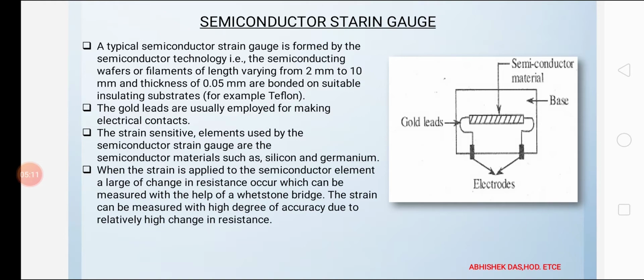Semiconducting materials such as silicon and germanium are used as resistive material for semiconductor strain gauges. The gold leads are usually employed for making electrical contacts.